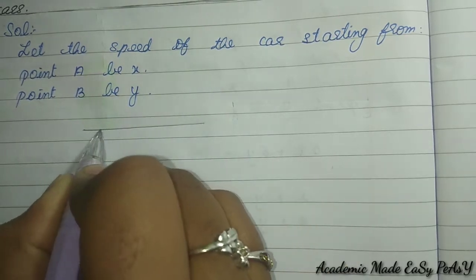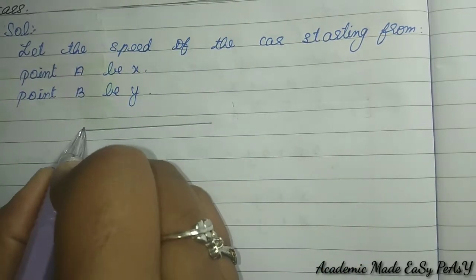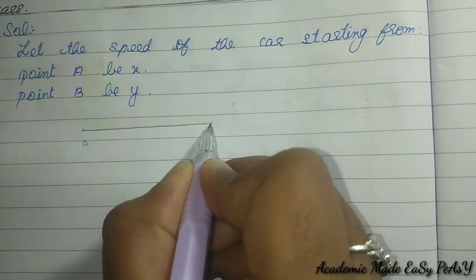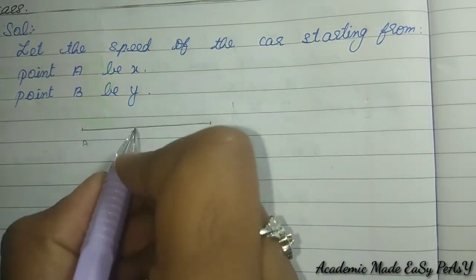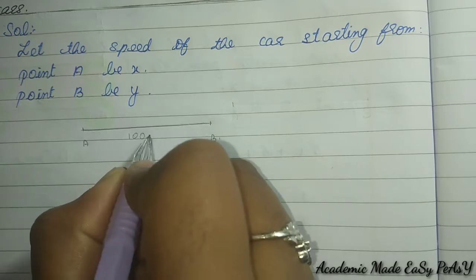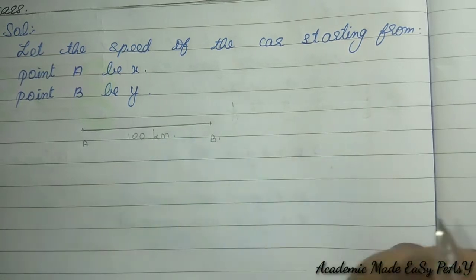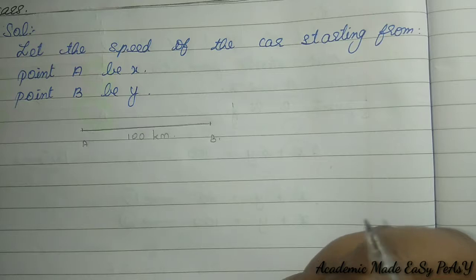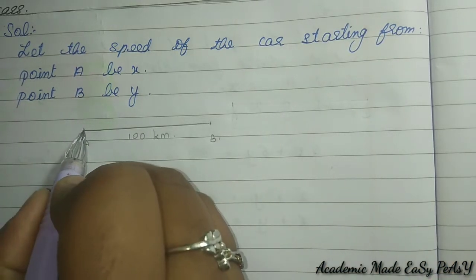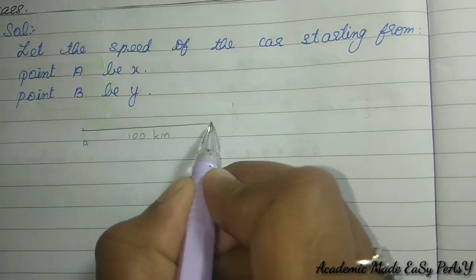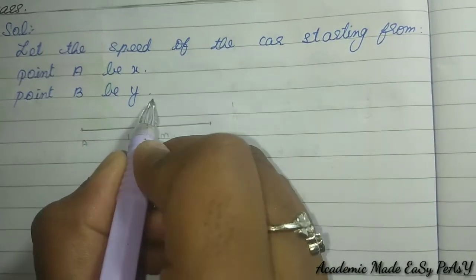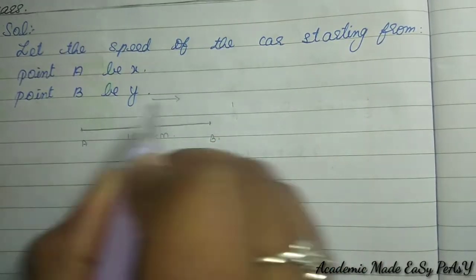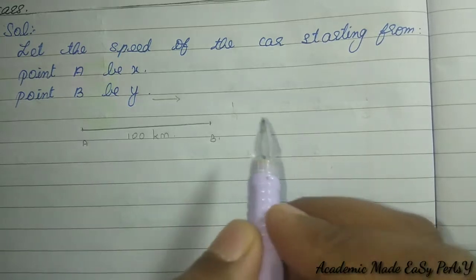So let me have a line saying that this point is A and this point is B. In the question, it is already given that the distance between A and B is 100 kilometers. So now the car is starting from A and B. Let both the cars be traveling in this direction, that is from A to B.